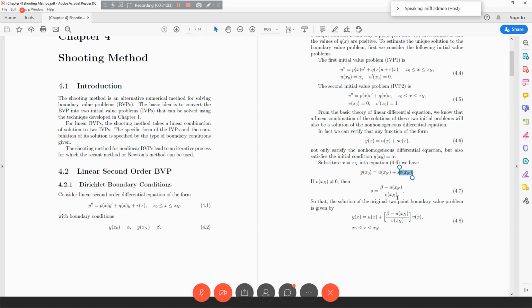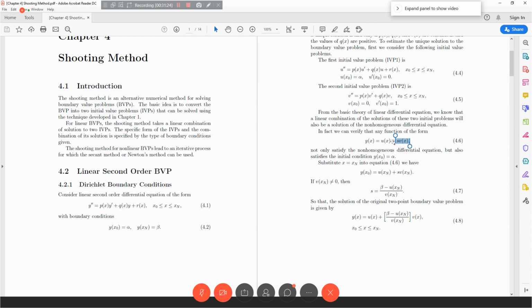How about if this is equal to 0? If v at n equals 0, obviously this term is eliminated. There is no s term. Basically y is equal to just u, without this term, because v at n is equal to 0.